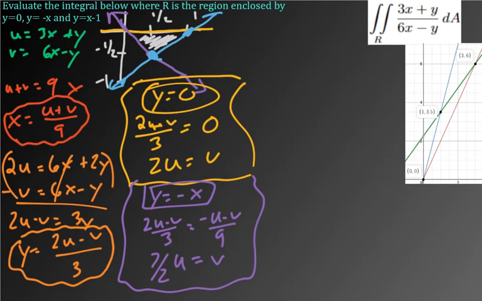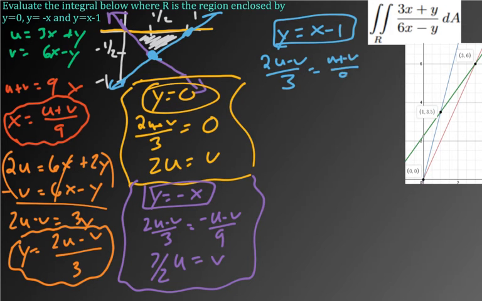And then last, we got the blue line here, y equals x minus 1. y is (2u minus v)/3, and x is (u plus v)/9, and then we have minus 1. And then you just got to go through and simplify all that.